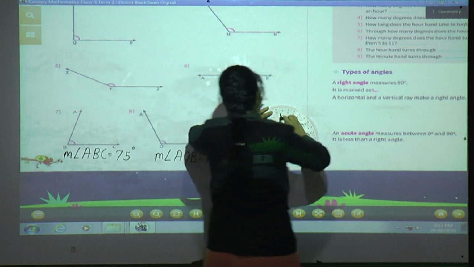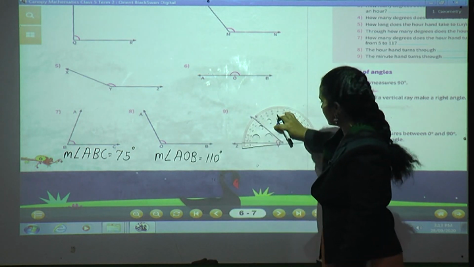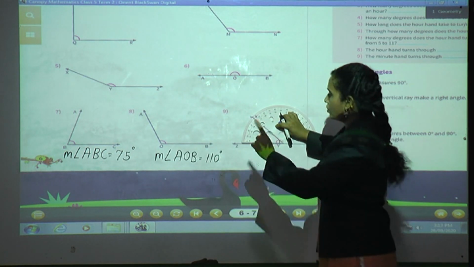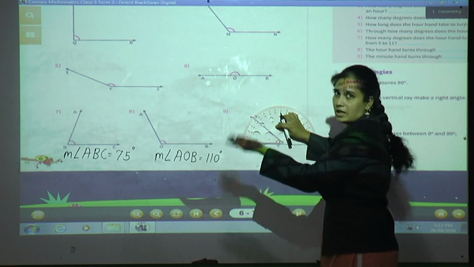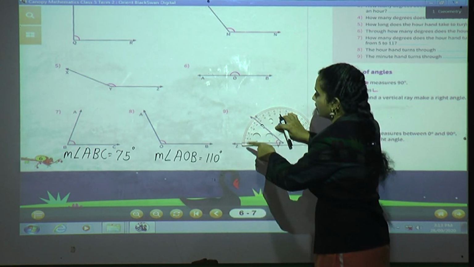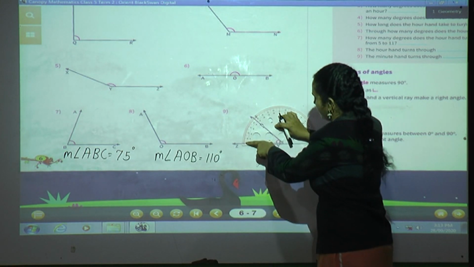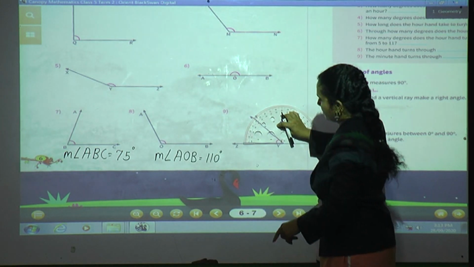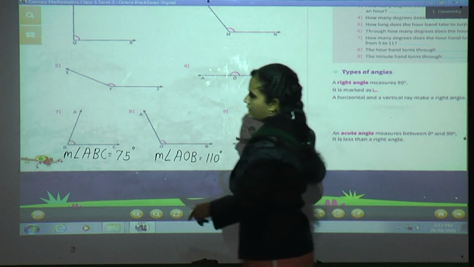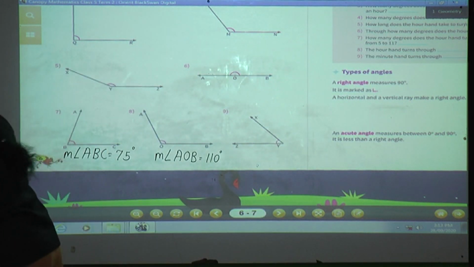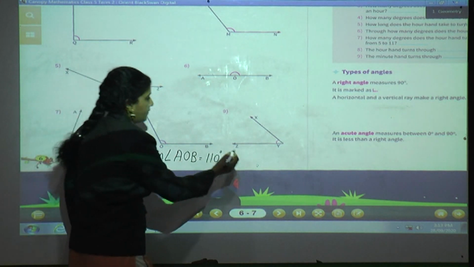Since the arrow is on the left side, you should measure it by the outer scale.